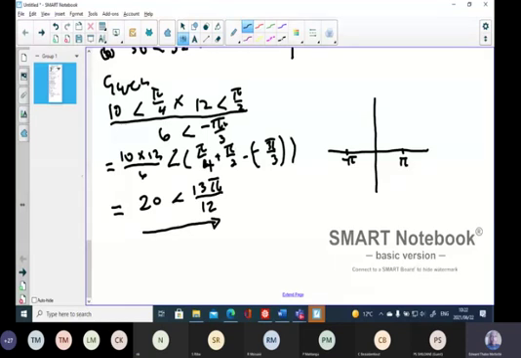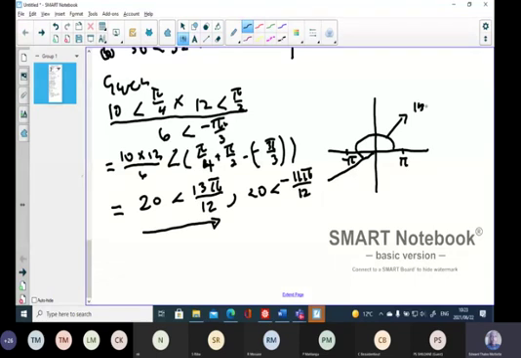So 360 minus 195, I think that will be where. So let's locate 195. It will be somewhere here. Now this same solution can be given as 20 with the angle 13 pi over 12, and remember this is our direction.